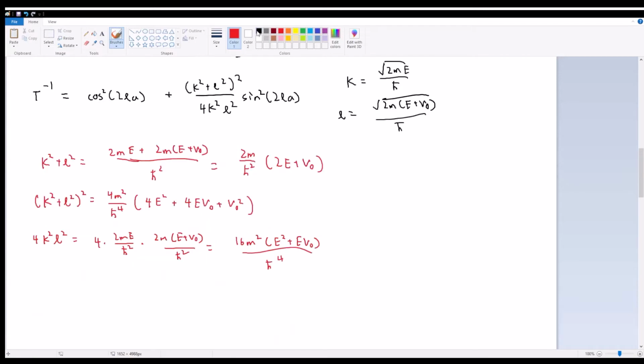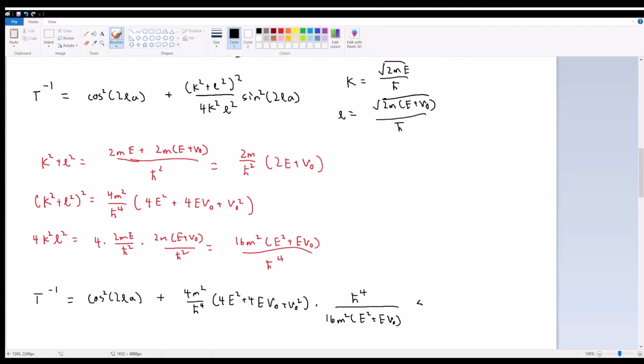If we plug all these in, then what we're going to get is that the inverse transmission coefficient is going to equal cosine squared 2LA plus, let's see, 4m squared over h bar to the 4th times (4E squared plus 4E V naught plus V naught squared) multiplied by 1 over 4K squared L squared. So this is going to be 16m squared (E squared plus E V naught) at the bottom over h bar to the 4th, and we're multiplying finally by sine squared 2LA.